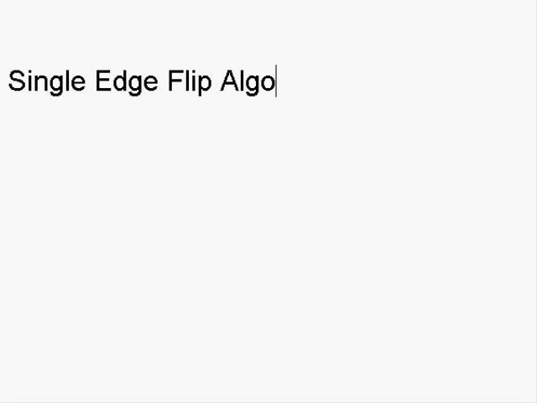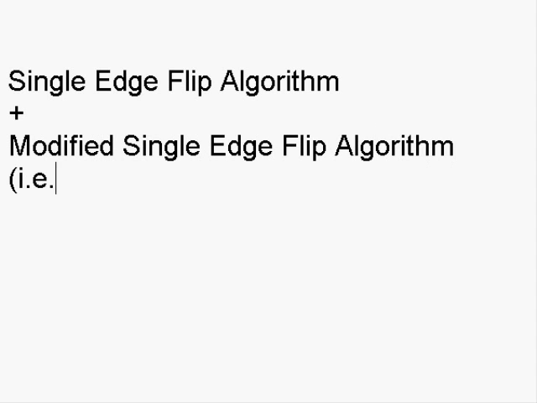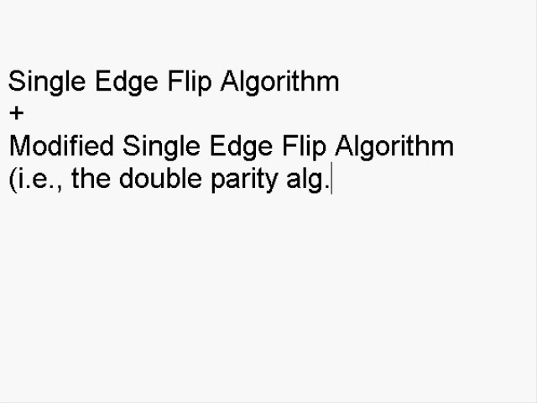And just for standard convention, the formula that I'm going to go by, since this can go in more than one way, is the single edge flip algorithm plus the modified single edge flip algorithm, that is the double parity algorithm, in wide turns.